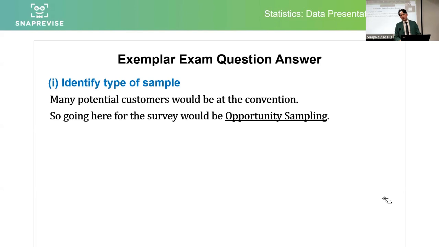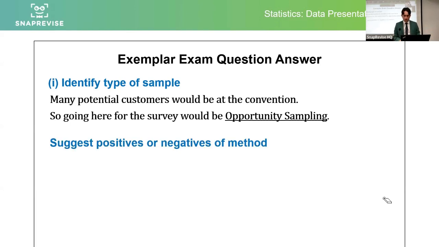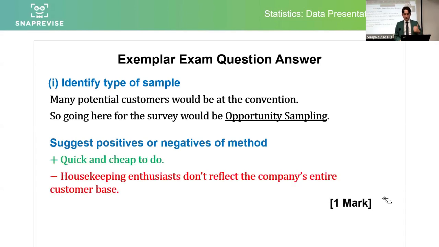I would say this is an opportunity sample though, because you've gone to that location and just said, I'm going to ask whoever's there. So the positives and negatives of this method: quick and cheap to do. That's one of the main things for opportunity sample. It's easy to carry out. But the problem is housekeeping enthusiasts aren't going to reflect everyone.